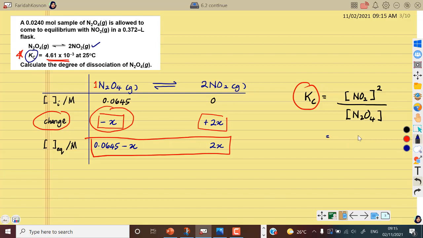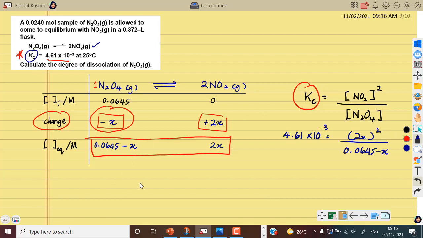Alright, so here we have 2x to the power of 2, divided by 0.0645 minus x. And it is equal to what? Kc has been given. It is equal to 4.61 times 10 to the power of negative 3. So you can see here we can solve for x.